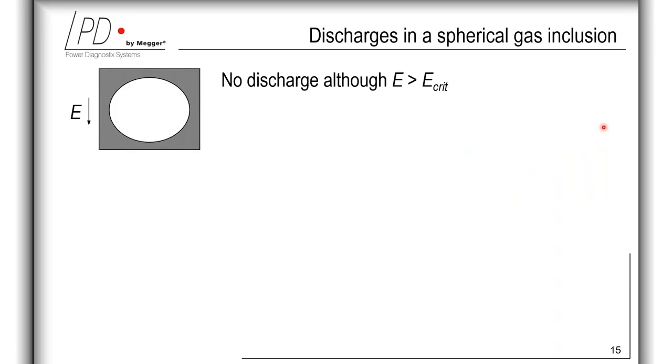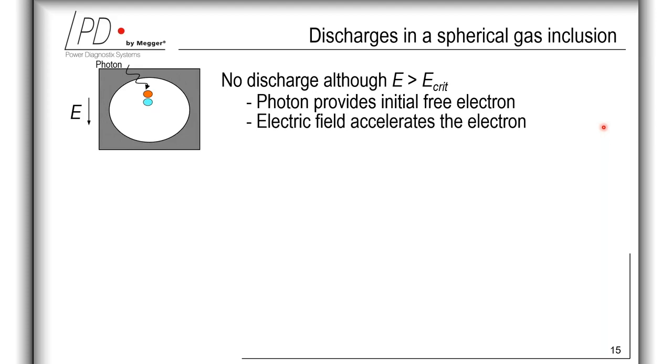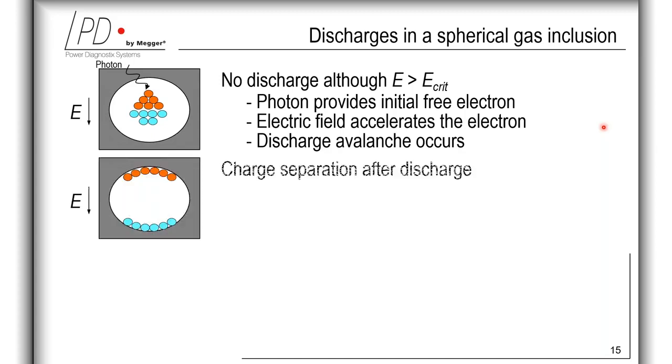So now moving into discharges in spherical gas inclusions, the figure basically shows the initial sequence in such a spherical void in a polymeric material. Firstly, there is the statistical delay time lag until the first energetic photon hits this cavity and then provides the first ionization. As can be seen from this figure, some of the ions and electrons will recombine, while others make it to the adjacent surfaces.